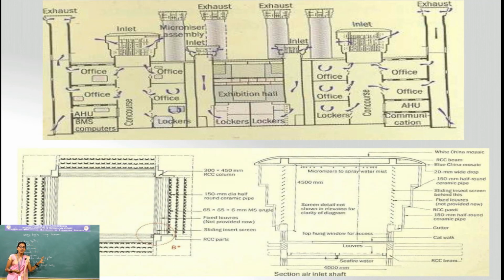In order to increase the efficiency of this, it must be made sure that the hot air is being removed properly and the amount of wind getting into your building is at a greater extent. That is how the efficiency of your passive downdraft cooling is going to increase, right?